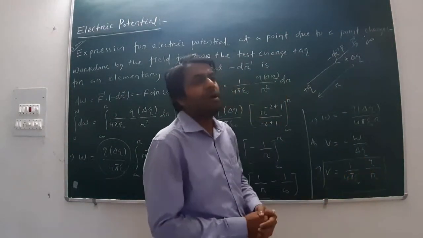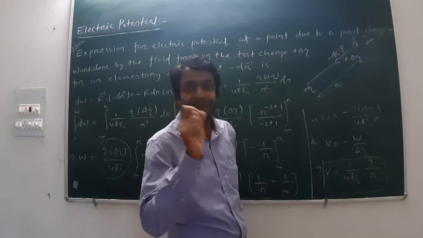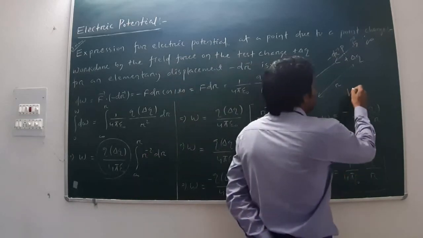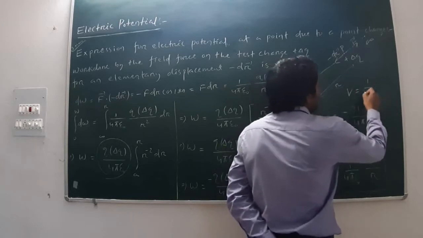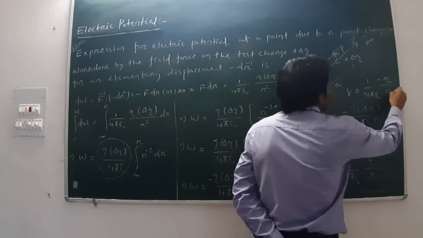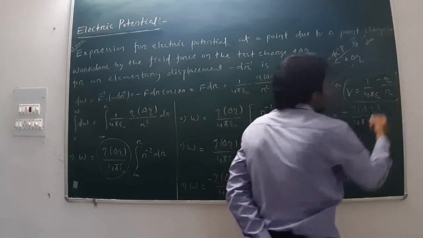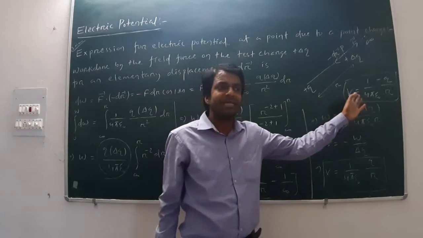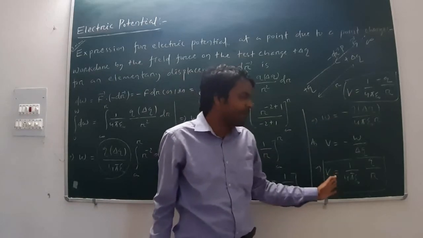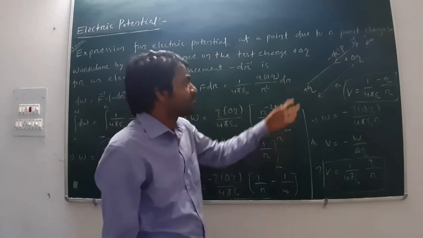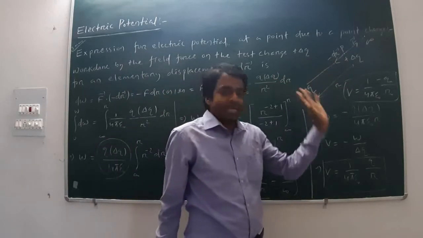Similarly, for a negative point charge, the electric potential can be written as V is equal to 1 by 4 pi epsilon naught, minus Q by R. This is the required expression for the electric potential for the negative point charge, and the previous one is the expression for the positive point charge.